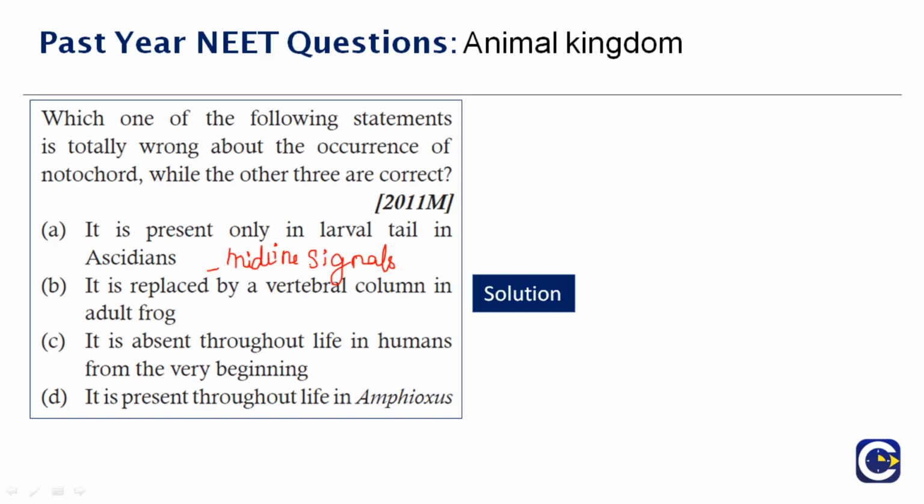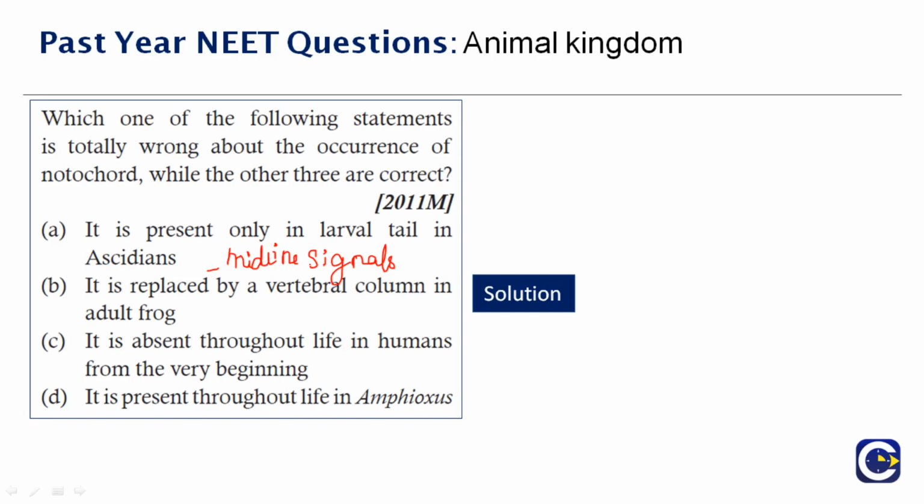It is present only in the larval tail. It is replaced by a vertebral column. So which one do you think will be wrong? The first 2 are correct. It is absent throughout life in humans from the very beginning. That is where we go wrong. Notochord is a flexible rod-like structure that forms the main support of the body in the lowest chordates. It is not absent in humans throughout life.